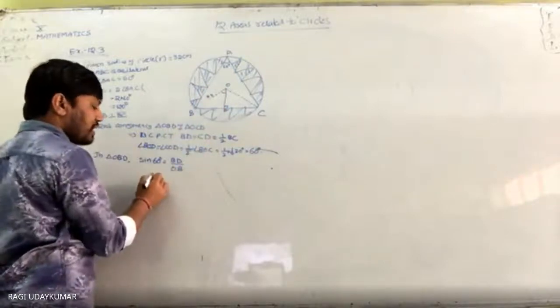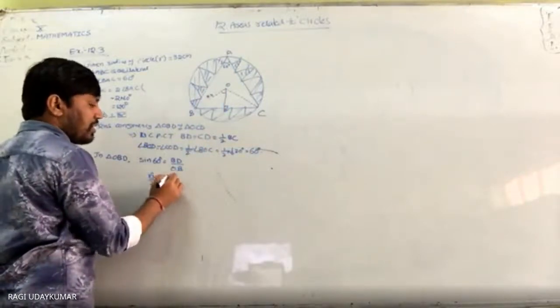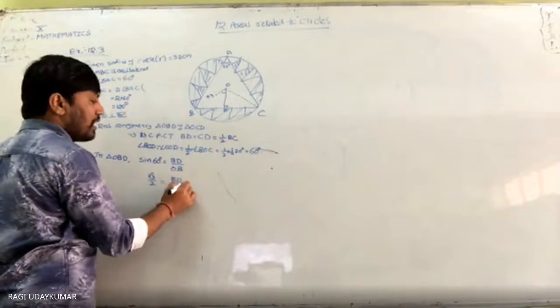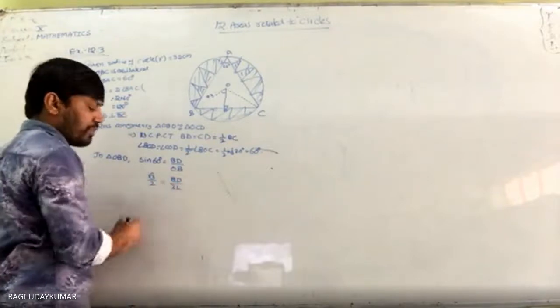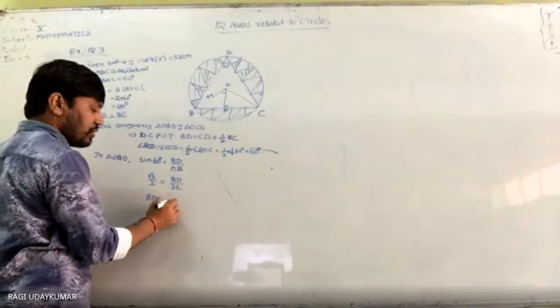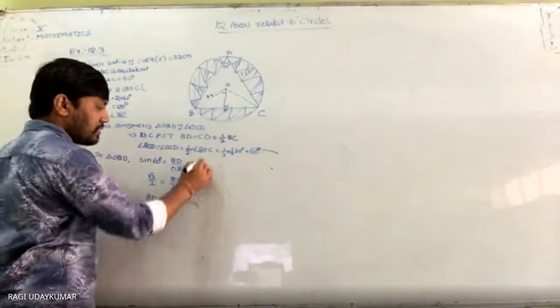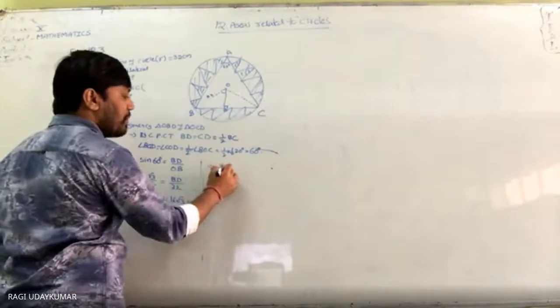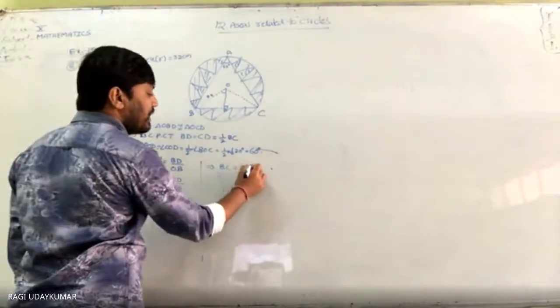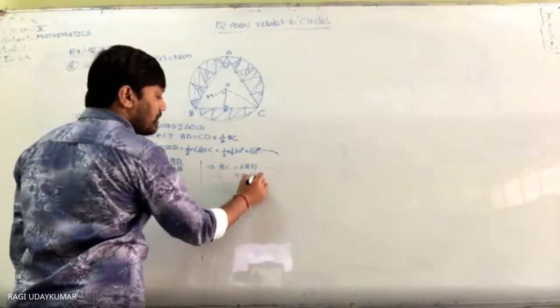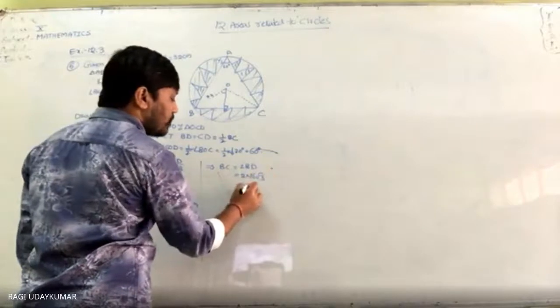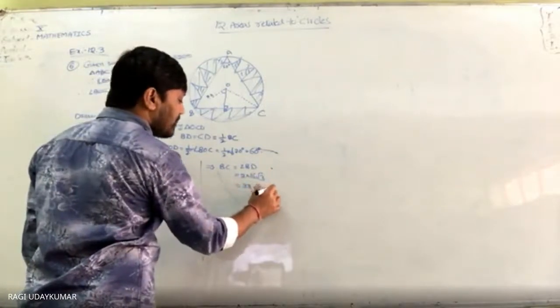Sine 60 degrees value is √3 by 2. BD we don't know, and OB is 32. So BD is equal to 16 √3 centimeters. So BC is equal to double of BD, 2 into 16 √3, which is 32 √3 centimeters.